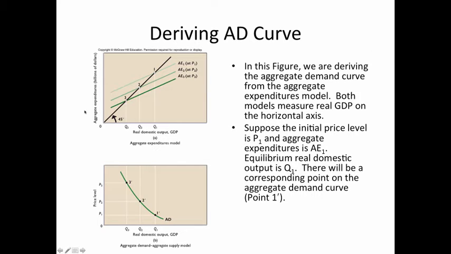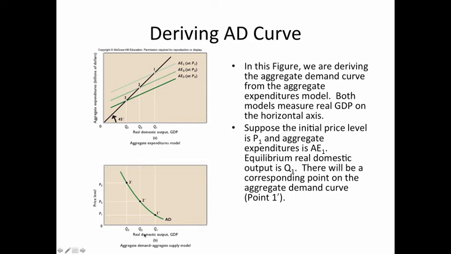With the aggregate expenditures model, we are graphing total spending, C plus I plus G plus XN, against different levels of real GDP. And here are our three spending lines. Underneath, we've got this new aggregate demand curve. Here we're graphing price, the price level, against different levels of real GDP.